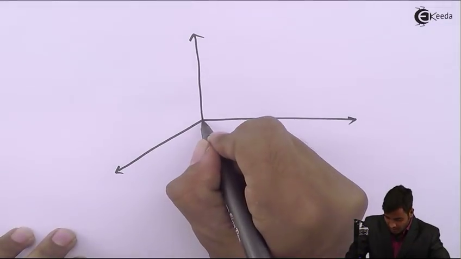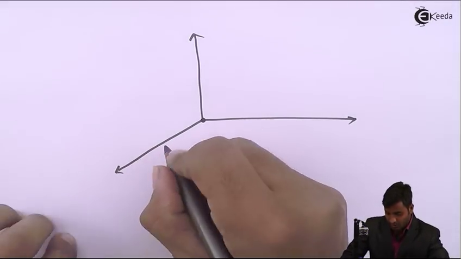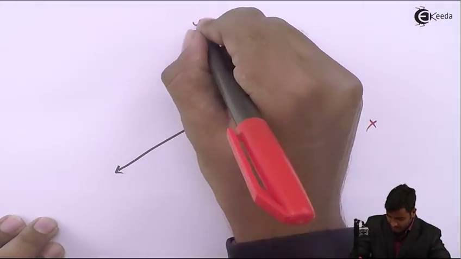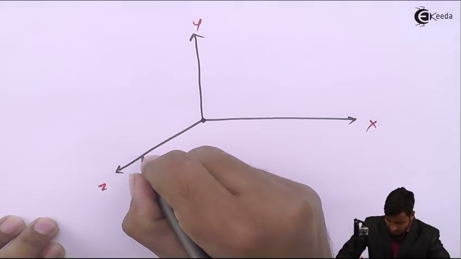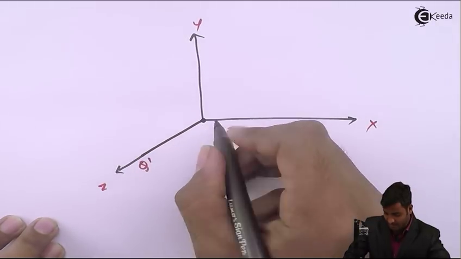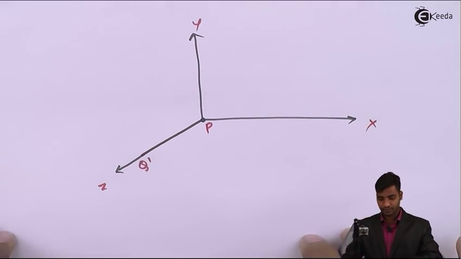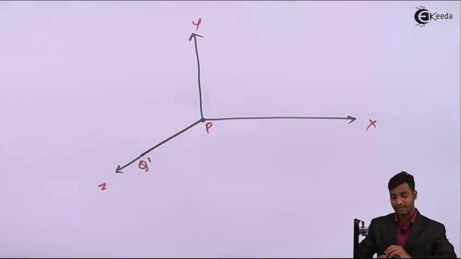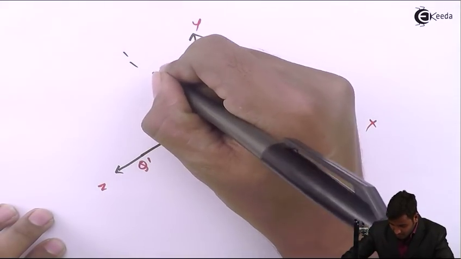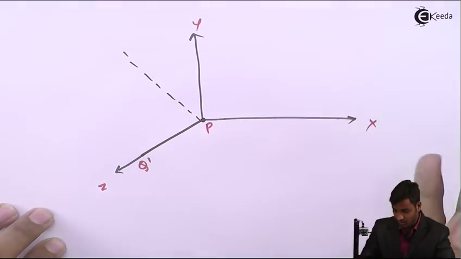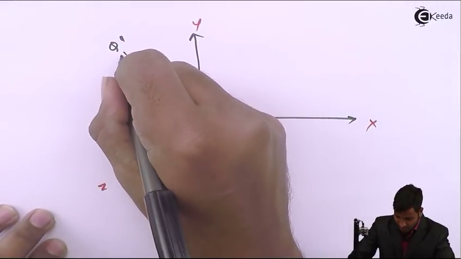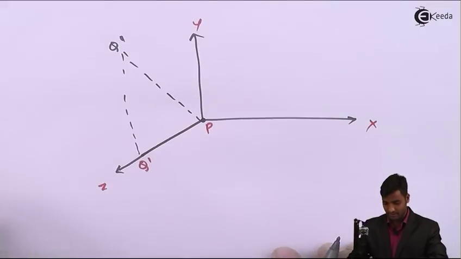So now this got coincided with this z coordinate. This is x, this is y, and this is z. So this is that Q dash and this is P, and we will draw the shadow line which we got by focusing the source of light along x direction, which I named as Q. So I will draw this line on that axis.